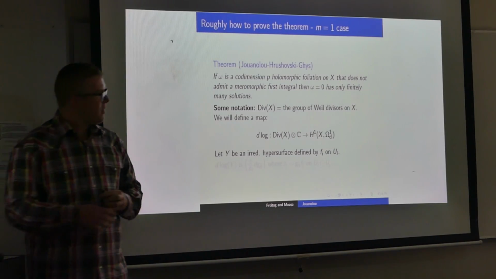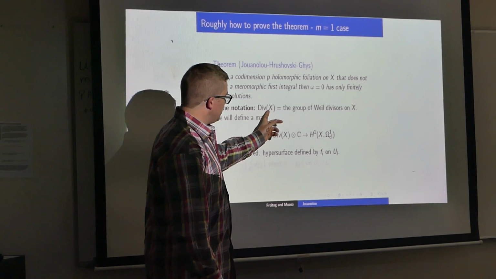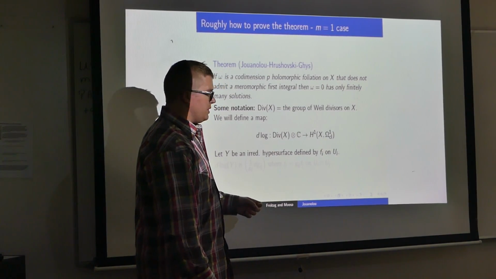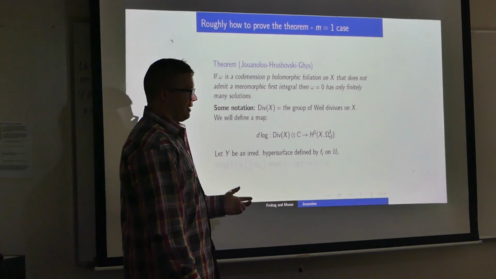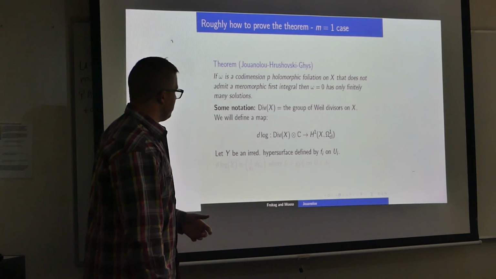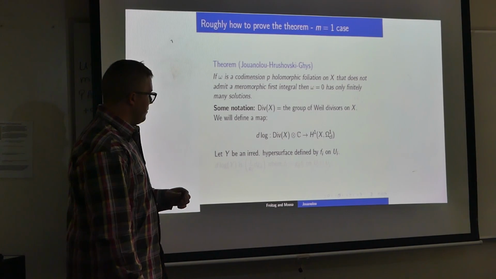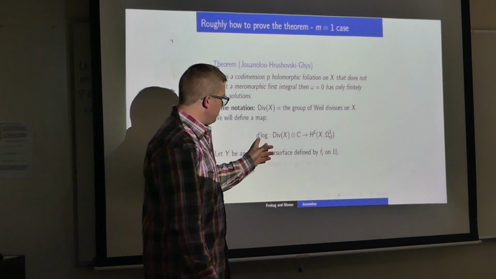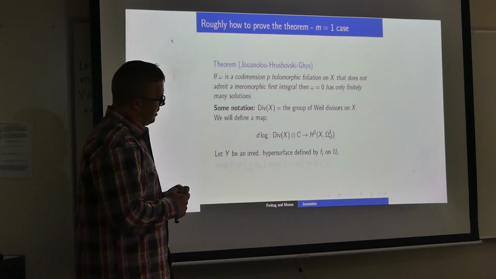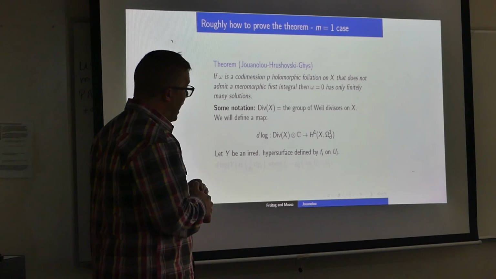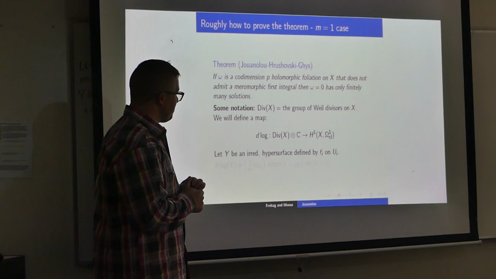This is just the abelian group, so Z-linear combinations, but I want to tensor with C so that I can think about it as a vector space. Now I want to define a map, which I'll call the d-log map, from there to H^1 of X, the space of 1-forms.